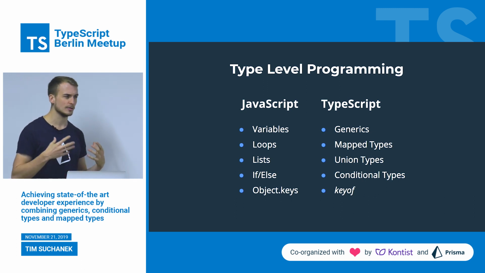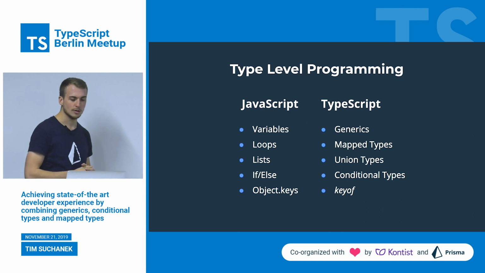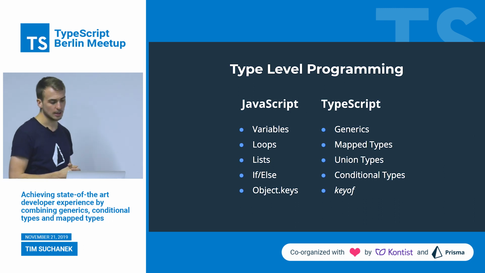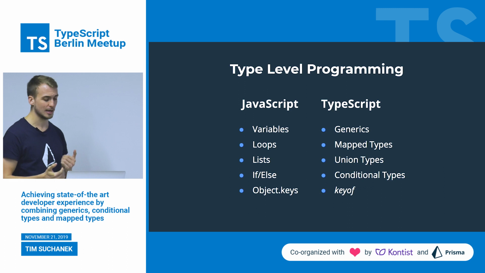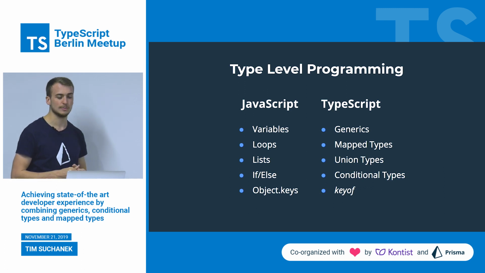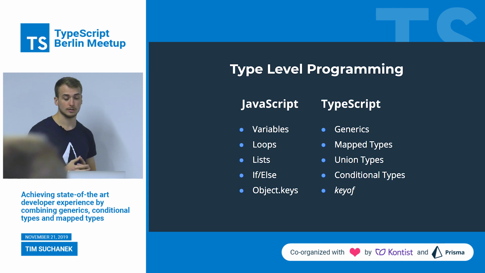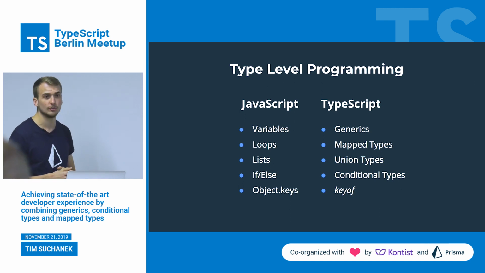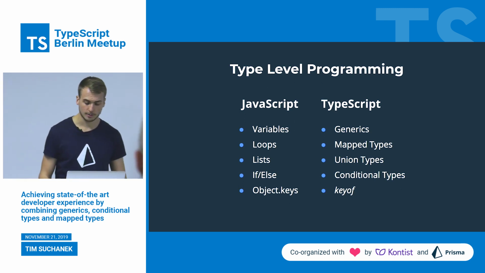We can have something that is enumerable, something that we can loop through, which is a union type in our case. We can have if-else statements in a type system in TypeScript, which are conditional types. And we can basically perform an Object.keys statement on a type, and that is just the keyof keyword that many people probably already saw.